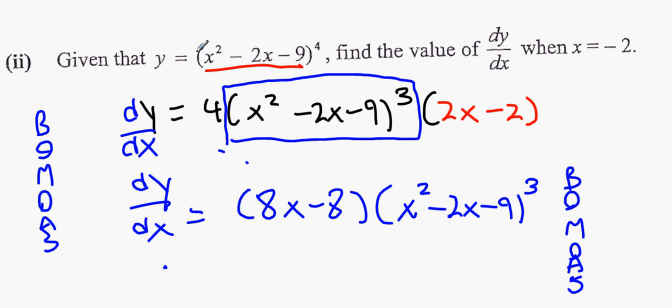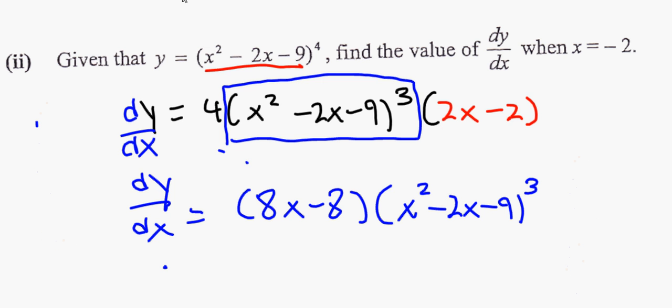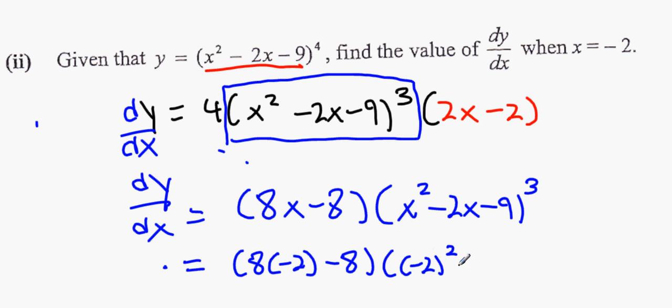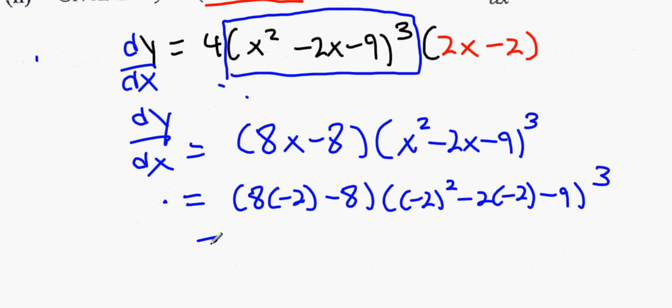Now, the next thing we're aware of is that we have to put in x equals minus 2. So we have to replace all x's with minus 2's. So what we can do is this: 8 times minus 2, minus 8, brackets, minus 2 squared, minus 2 times minus 2, minus 9, cubed. Now, fairly big question, so maybe do one bracket at a time.